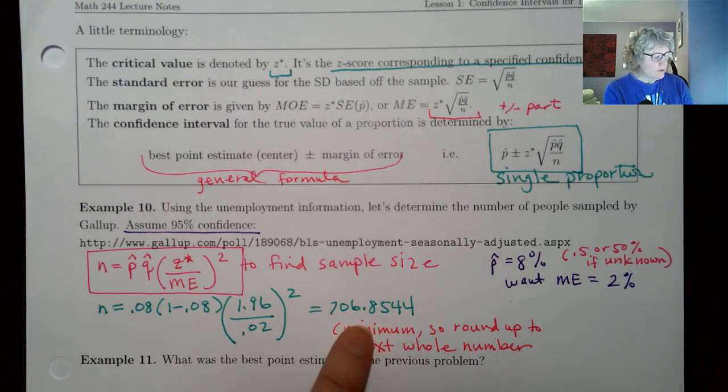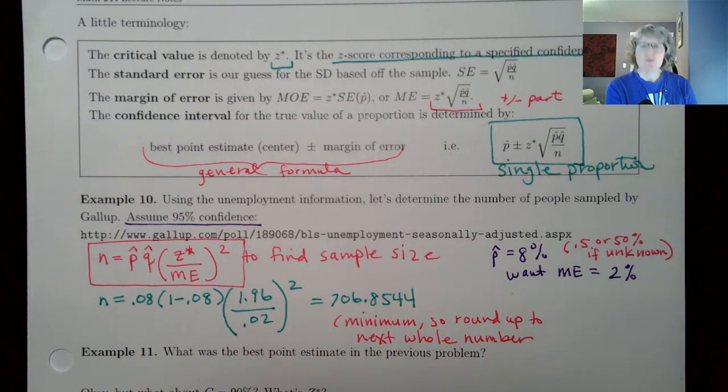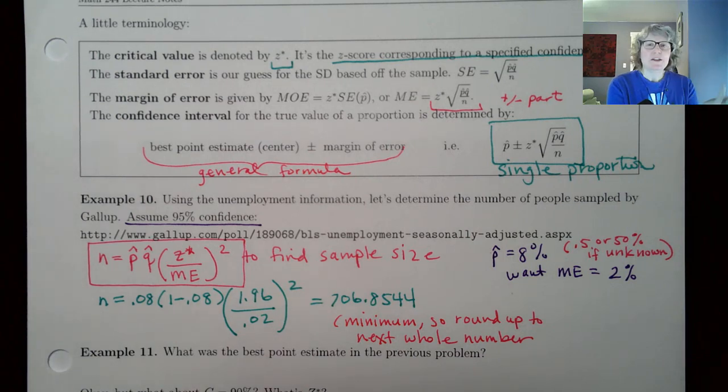And you might be saying, well, it's 0.8, so of course we're going to round up. That's true, but even if this was 0.001, we would still round up because we need that part of a person, but we need to survey the whole person. So this is a minimum.